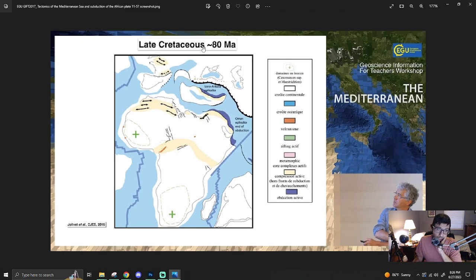Late Cretaceous 80 million. He's got flows across that way. Compression active. I'm not sure what the arrows are for. I don't want to say they're flows, because if those arrows are flows, then that would corroborate what I've been saying.